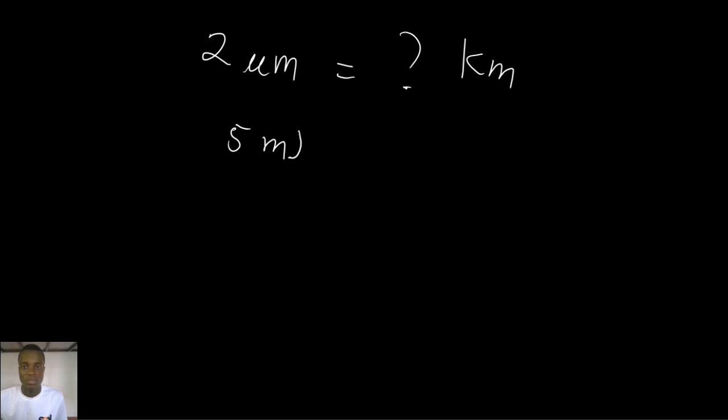Let's look at our first example. You know my favorite example so far already, which is 2 meters, right? But here I'm going to do 2 micrometers. We are going to convert it to kilometers. Or let's say 5 millijoules.